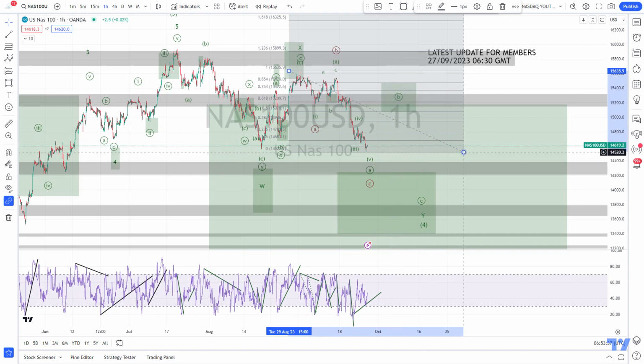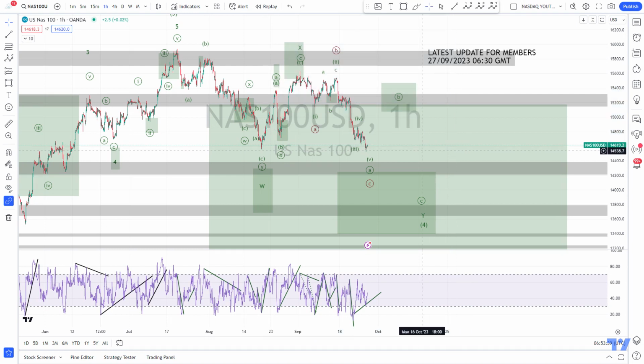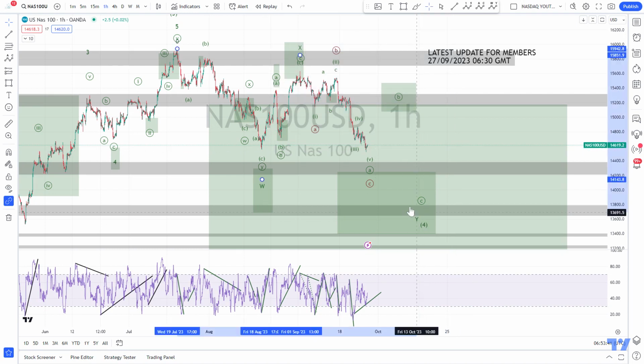Now, there might also be a scenario in case we have a shorter wave Y. I will never make this my primary scenario, this shorter wave Y, but it is actually enough to take out here the wave W, and this is what happened.